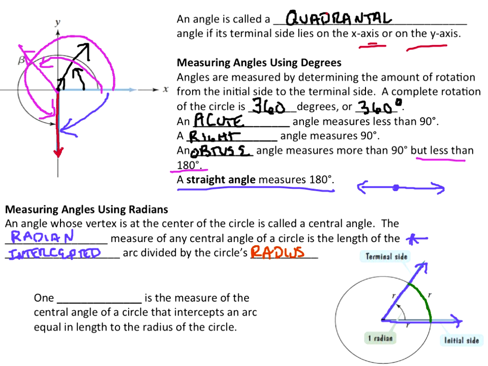Okay, so here's what's fascinating to me. When you take the length of that arc and you divide it by the length of the radius of the circle, right there, you always get out from that the measure of the angle right here in radians.